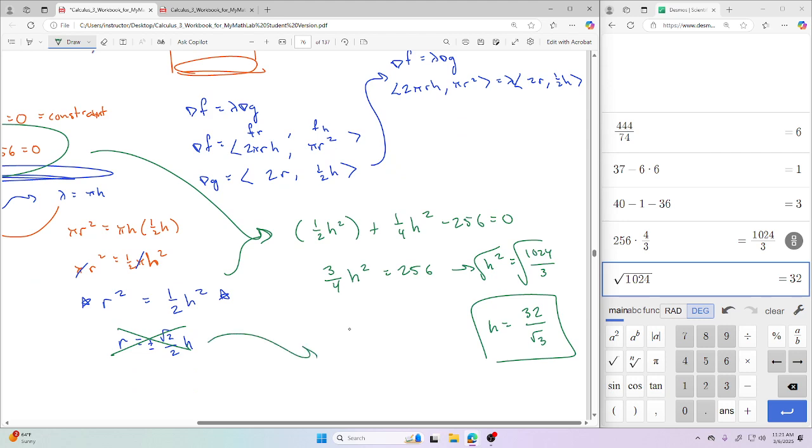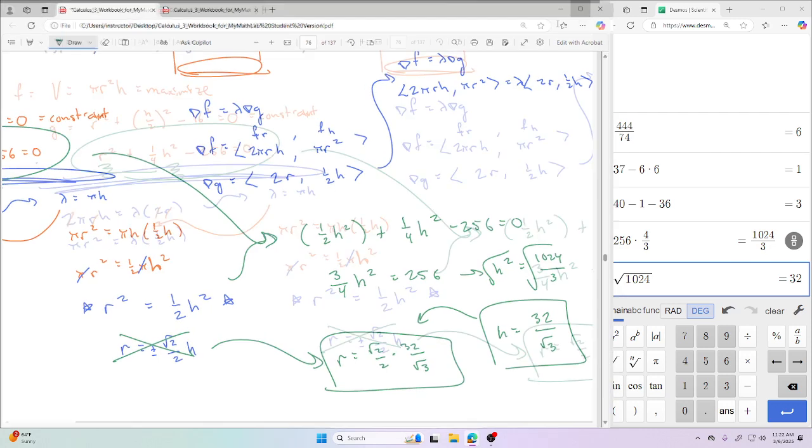This actually did come in handy because now I can just plug in my h, right? So my r should be square root 2 over 2 times 32 over the square root of 3. And I know that things will make it look nicer later, but there we go. Let's go and check the answers because it's a little bit on the weird side right there.